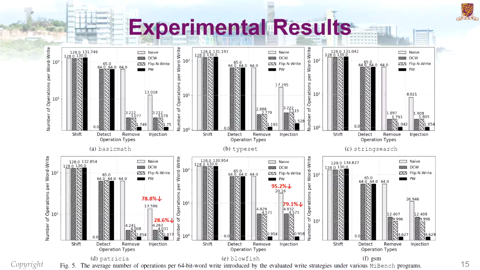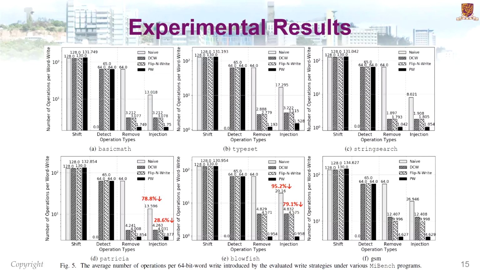Here is our experimental result. There are 6 workloads here. The x-axis is the 4 basic operations, and the y-axis is the number of required operations. First of all, we can see that under all workloads, the number of shift operations is very close across strategies. Secondly, although the naive strategy requires 0 detect operations, it will always require 64 remove operations whenever writing a new data word.